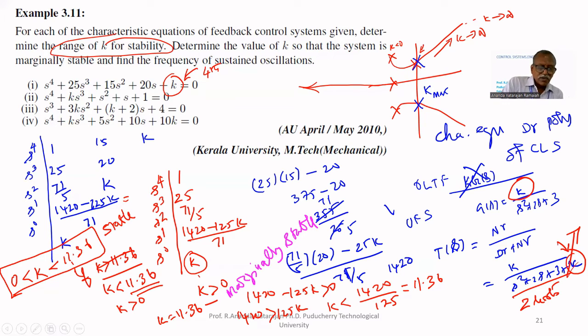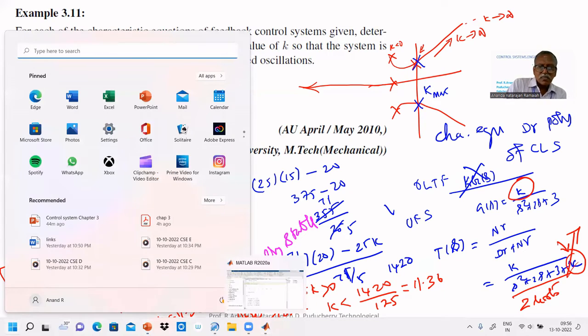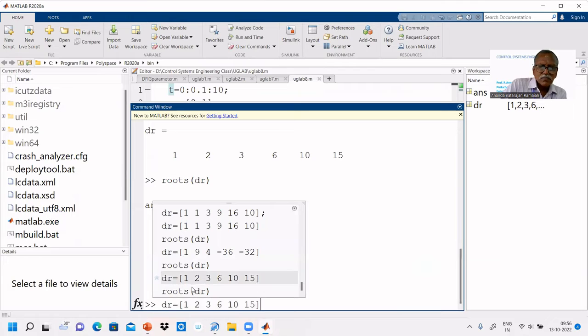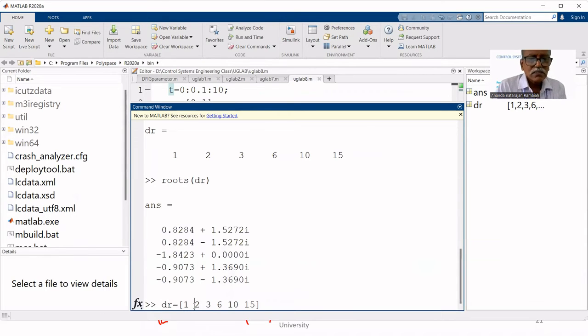So let us put 11.36 exactly and check. Tell me the coefficients: 1, 25, 15, 20, 20, k equal to 11.36.